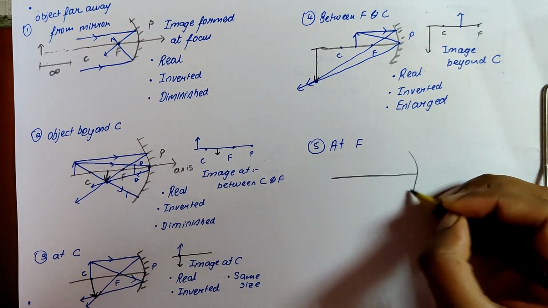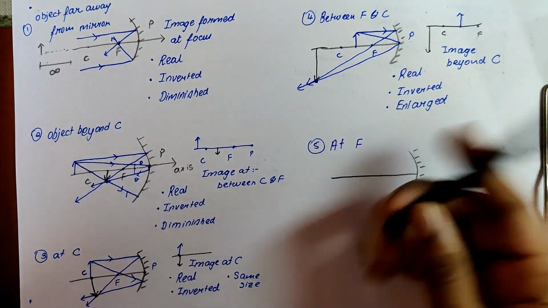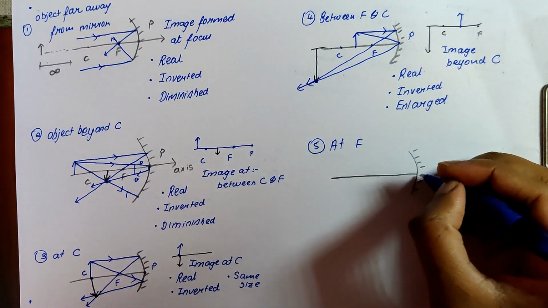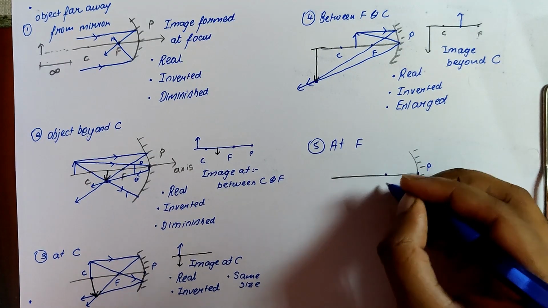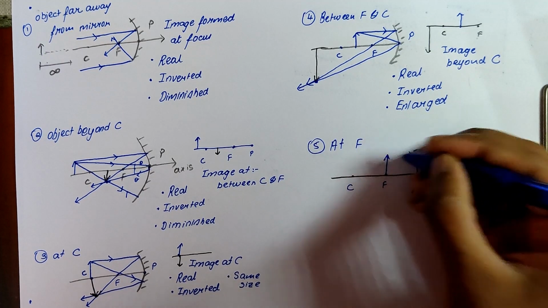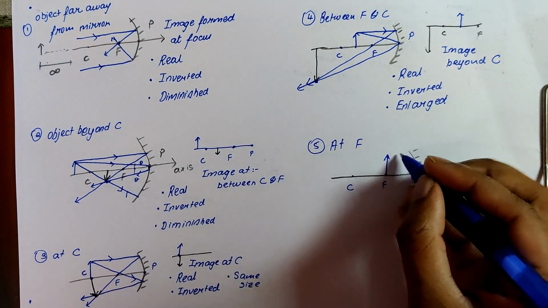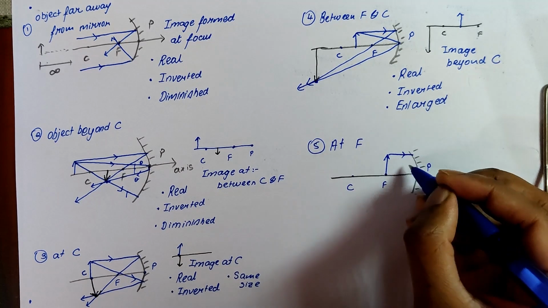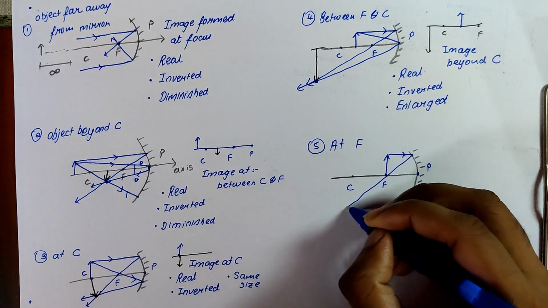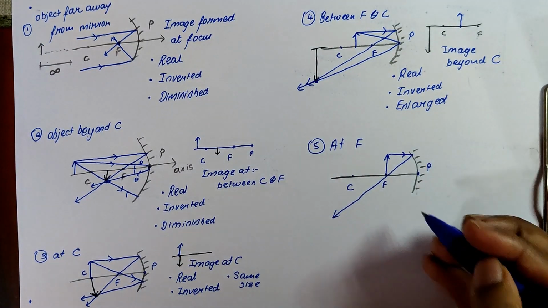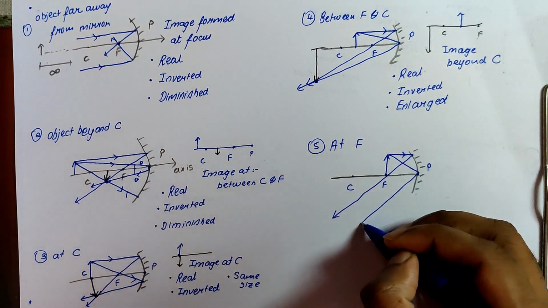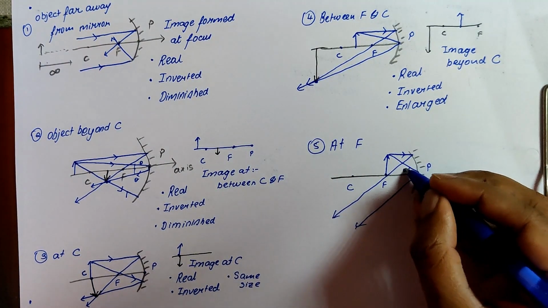So let us draw a mirror, and mark the point P, mark the point F, mark the point C. At F means the object is on F, it's standing on F. Now let us draw a light ray parallel, and then draw the light ray going through F. Now let us draw the light ray going through P, and then let us draw a light ray going away from P at equal angles.